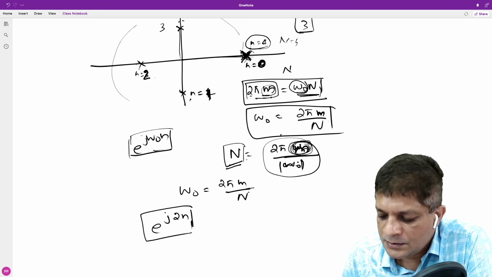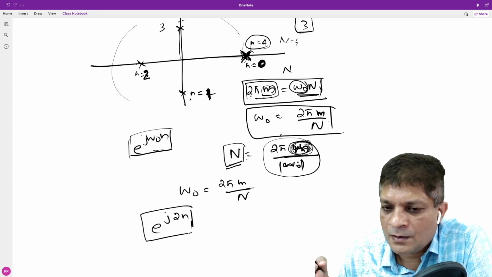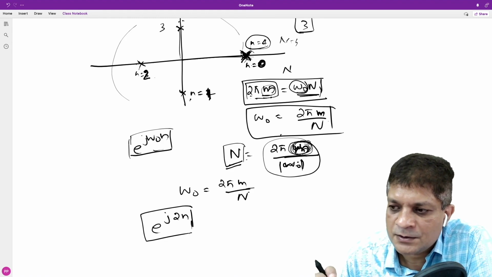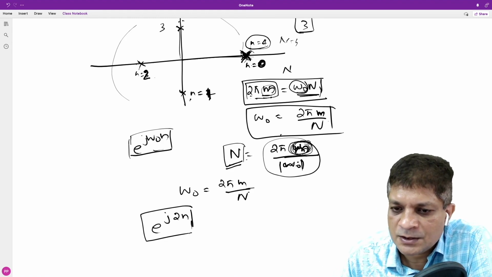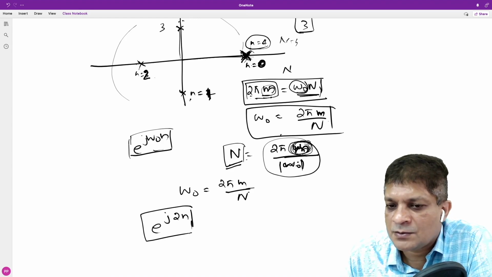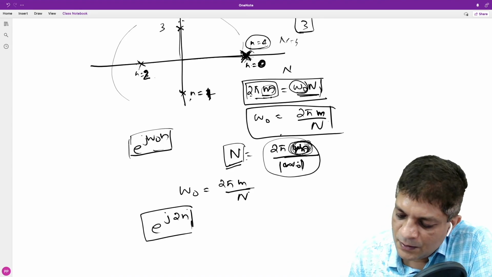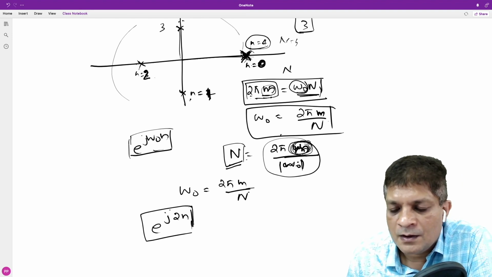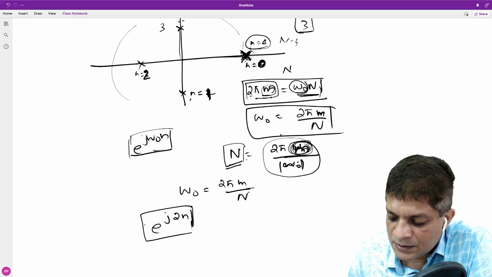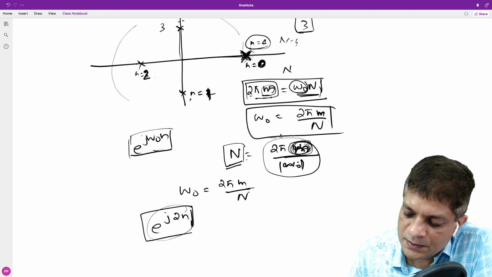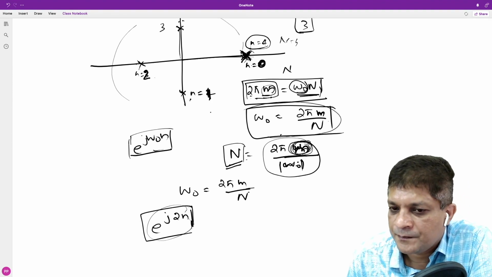So that is a difference between continuous time complex exponential and discrete time complex exponential. Continuous time complex exponential is always periodic, but discrete time complex exponential is periodic only if this condition is satisfied.